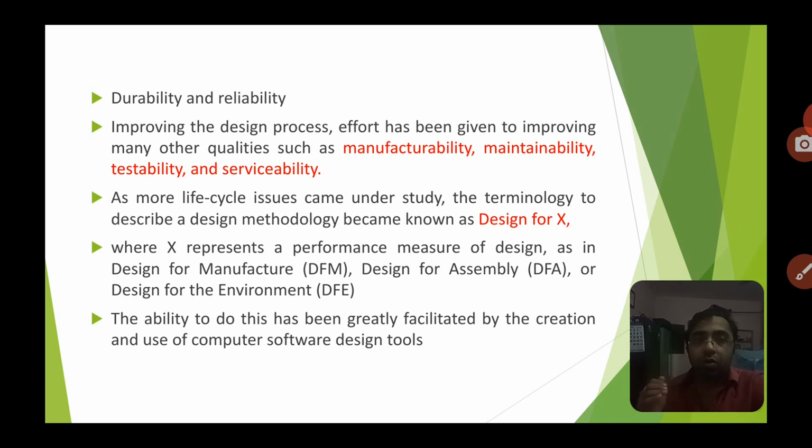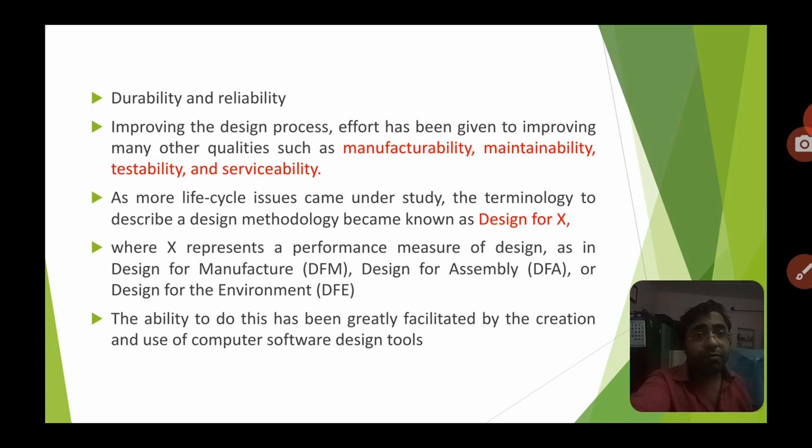So design for assembly is very important, because we decide which one is first and what type of assembly we are going to use. That is also a design. And design for environment is also there.